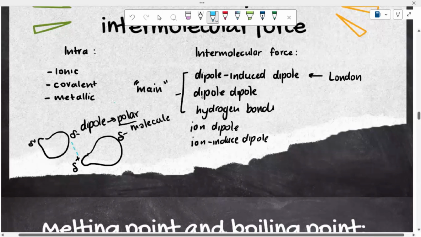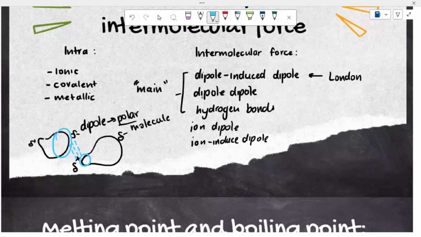So this is positively charged, this is negatively charged. Think back to electrostatics. When you have unlike charges, there's a force of attraction, right? So there's actually a force of attraction here between this positively charged end and this negatively charged end, right? And because there's a force of attraction, there's this intermolecular force keeping these molecules relatively close to each other, right? And that is what is responsible for our different phases.